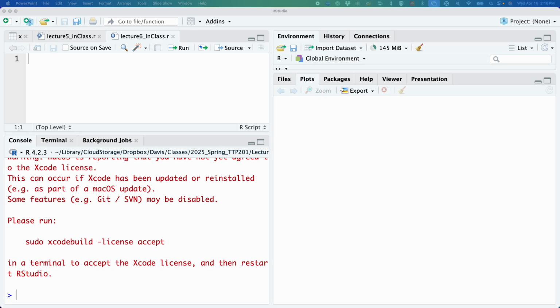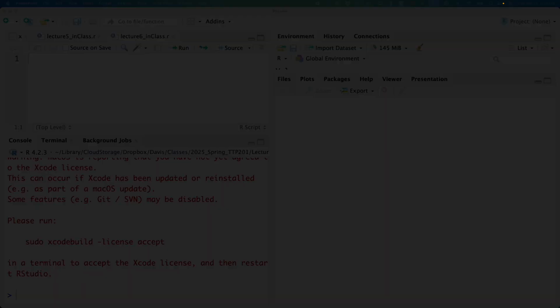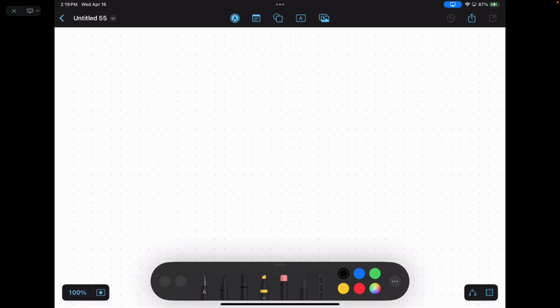Okay, we'll start off with notes. Switch screens. Okay, so, lecture 6.